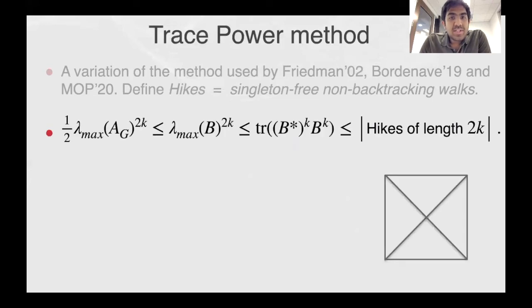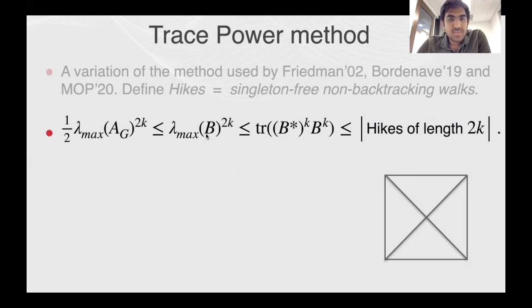What the method essentially gives you is a reduction from computing or bounding a spectral quantity in terms of counting certain objects, right? So it says that the maximum eigenvalue of this adjacency matrix can be bounded by counting hikes of length 2k over this graph.